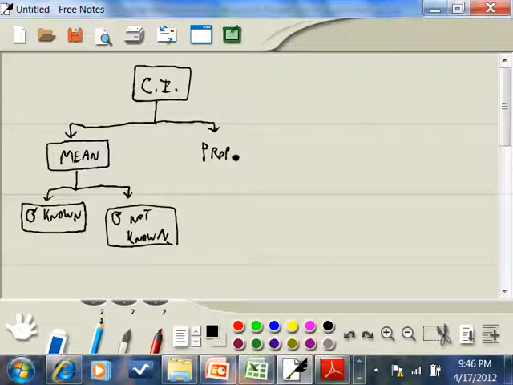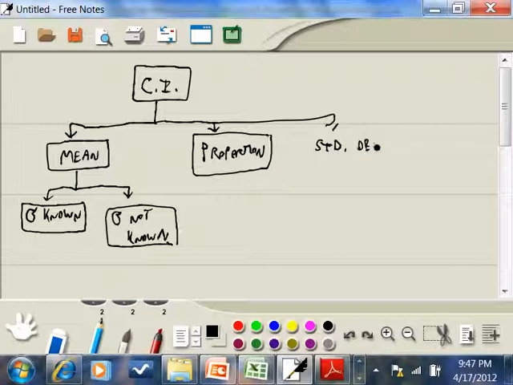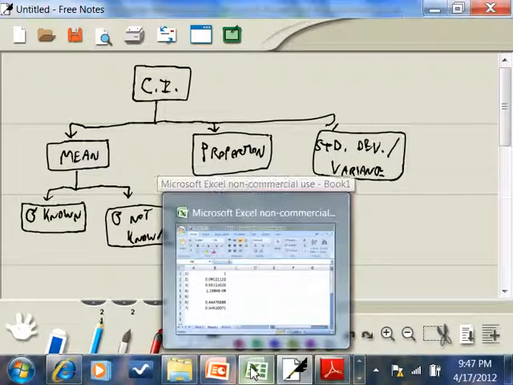And then we can find the confidence interval of a proportion. And the confidence interval of the standard deviation, or it could be variance. Okay.